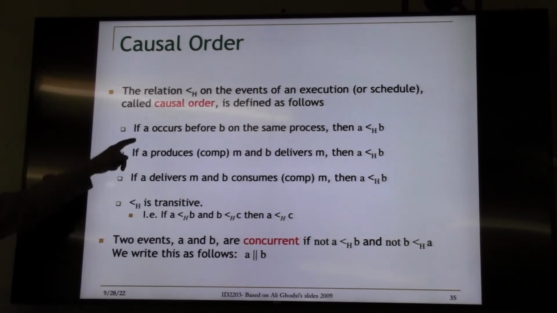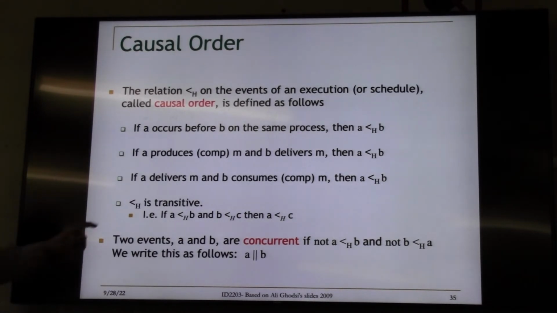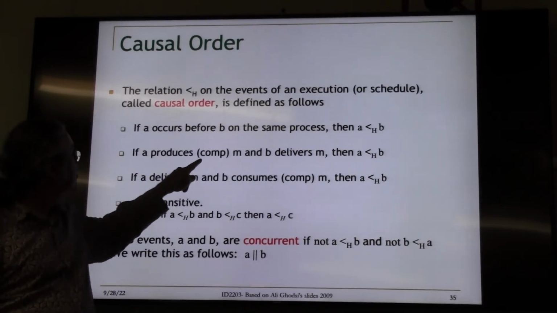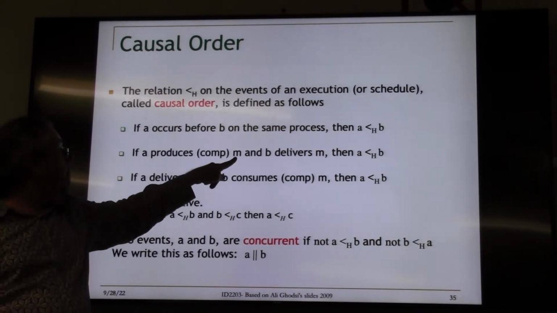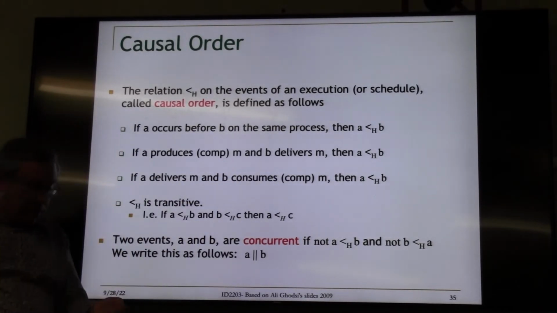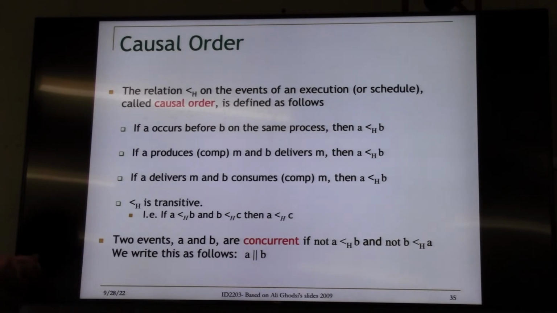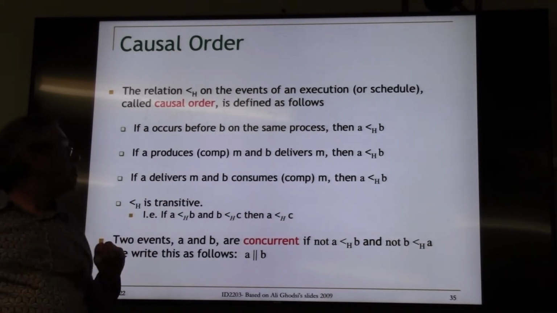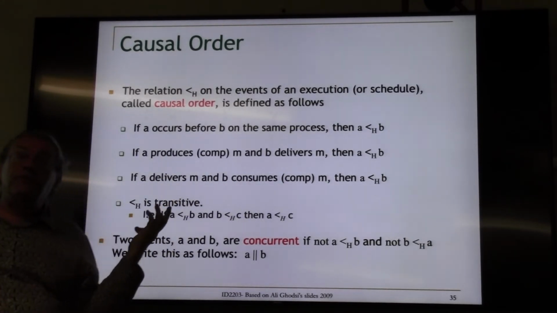A happens before B. But you can also see with the delivery, if A does a comp, which creates a message M, and B delivers M, so basically A creates M in the outbuff, and B actually sends M to another machine, then these are also related. Because if you switch them, the result is different.